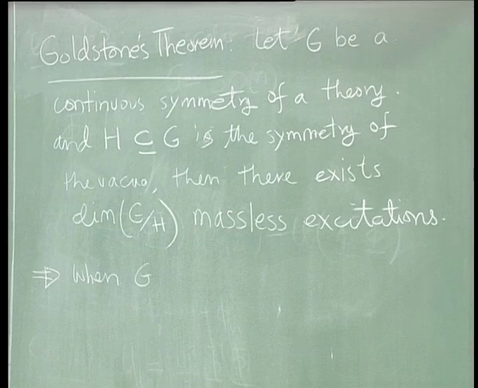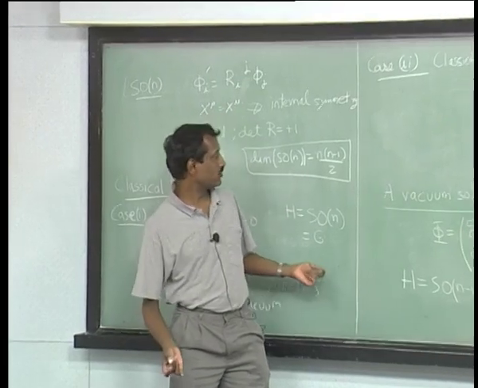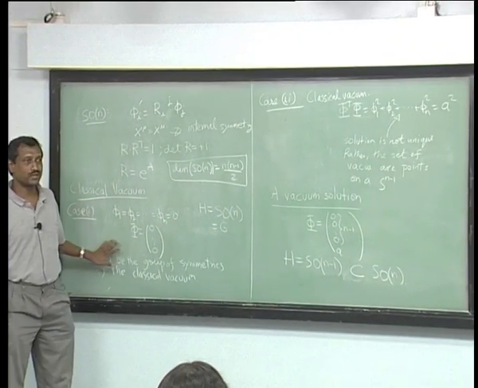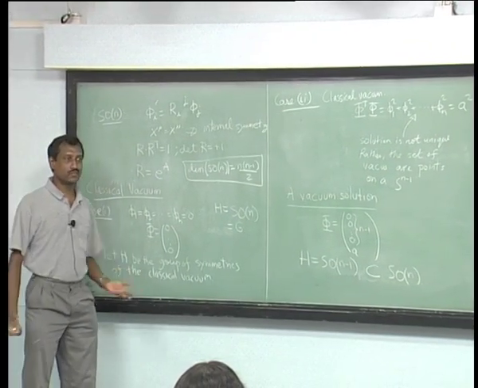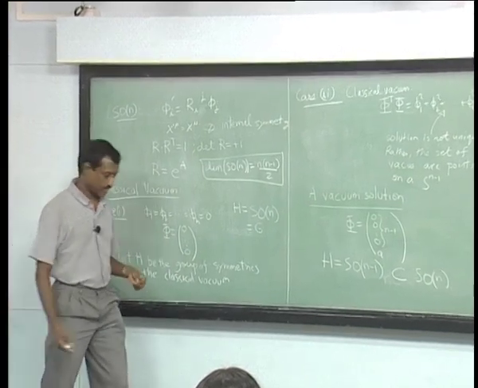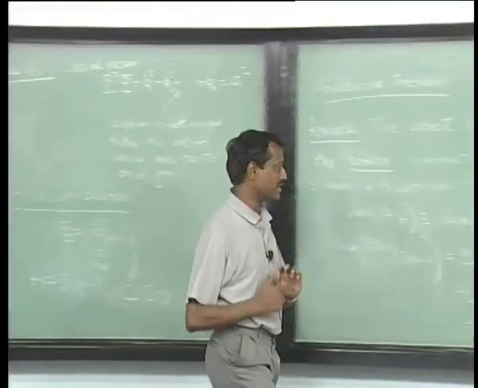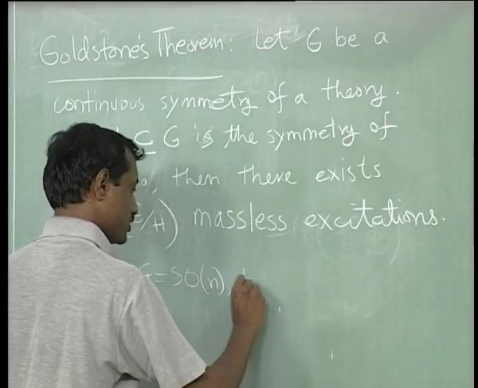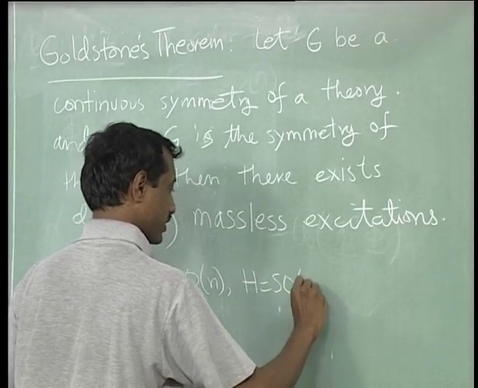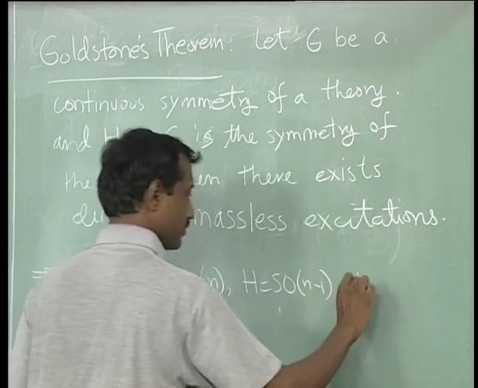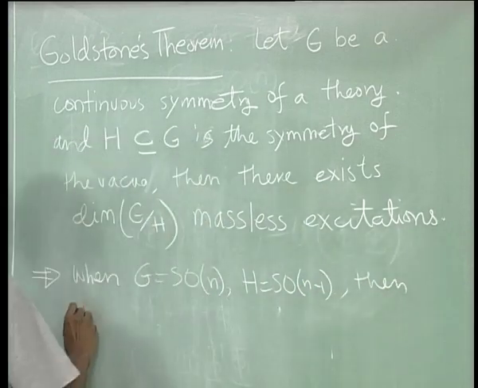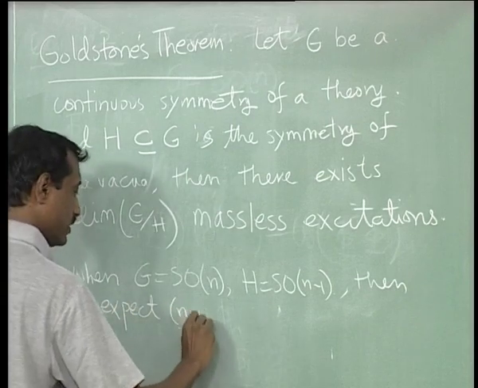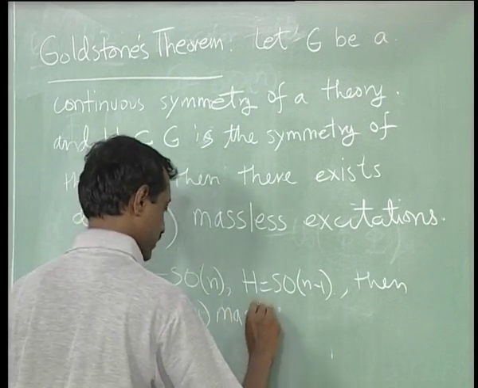In this case there are no massless excitations. In fact, the only excitations have a mass given by the parameter m which we had written. I will explain that a little bit more later. So, when G equals SO(n) and H equals SO(n-1), then we expect n-1 massless excitations.